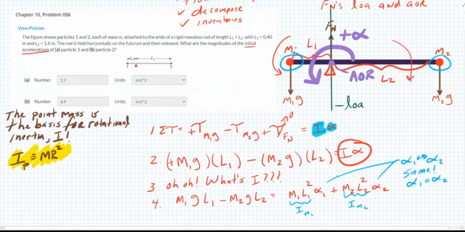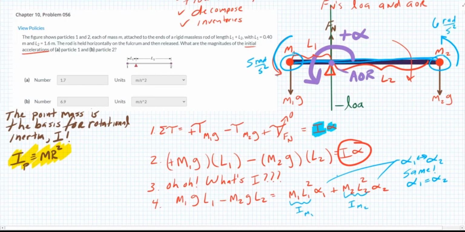Could you have an angular acceleration for M1 of, say, 5 radians per second squared, while M2 has an angular acceleration of 6 radians per second squared? No, it can't, because they're both attached to the same rigid bar and they're constrained to move in unison. So they have to always have the same angular acceleration.